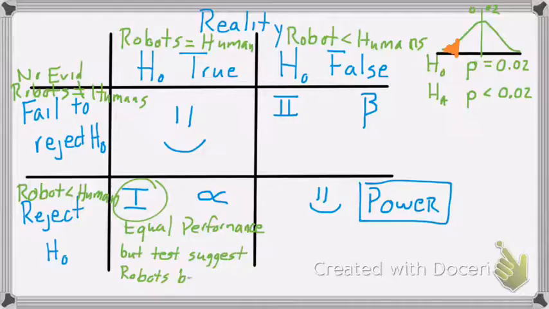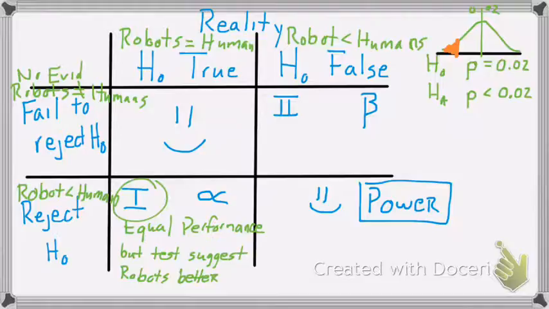Now, the consequence of making a type 1 error in the context of this, that's what a type 1 error means. The negative consequence of the type 1 error is the company would spend money investing in these robots, and they wouldn't actually see any increase in efficiency, so they would have wasted a lot of money.